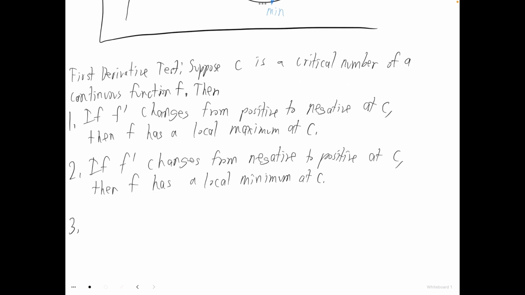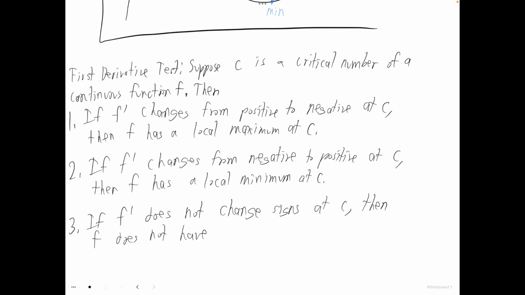Third, if f prime does not change signs at c, then f does not have a local min or max at c. So in other words, if we didn't change signs, then that is a critical point that is not leading to a minimum or a maximum.